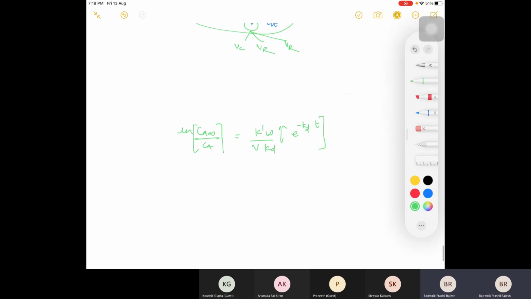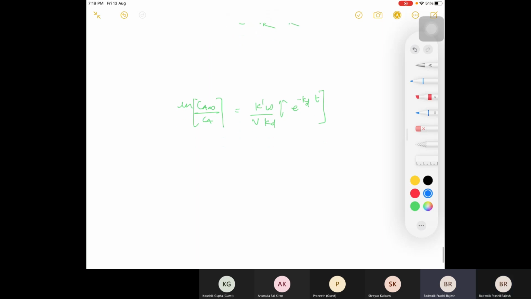Okay. And now they may ask you to draw a graph. They may ask you to find out what the slope is, what the intercept is, and other things. Suppose if you take ln of this quantity, then you will have this kind of curve. If you plot ln of CA infinity divided by CA, here also it will be ln, and on the x-axis I am putting t.